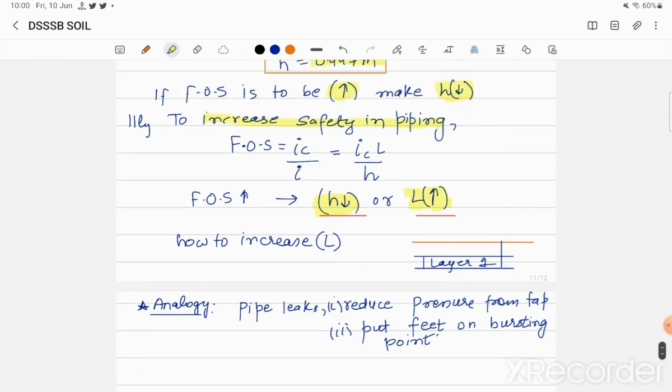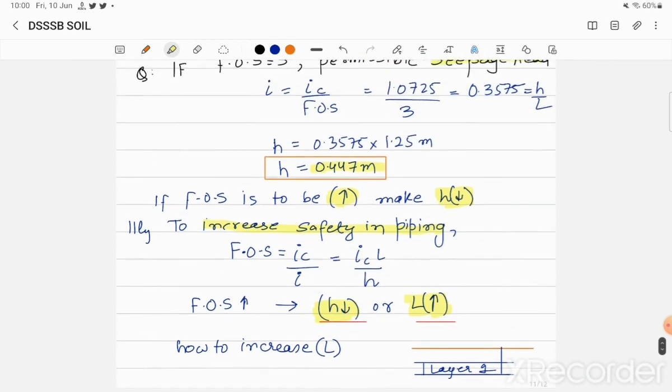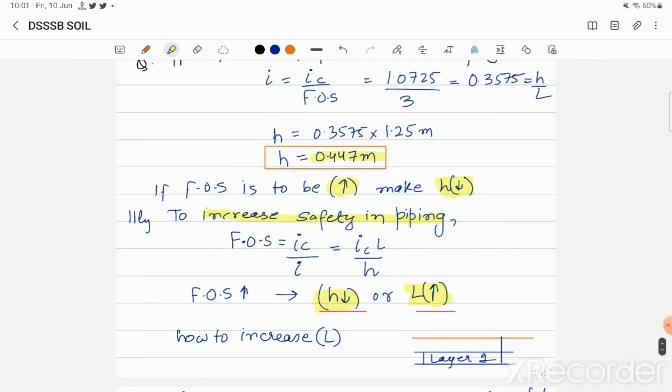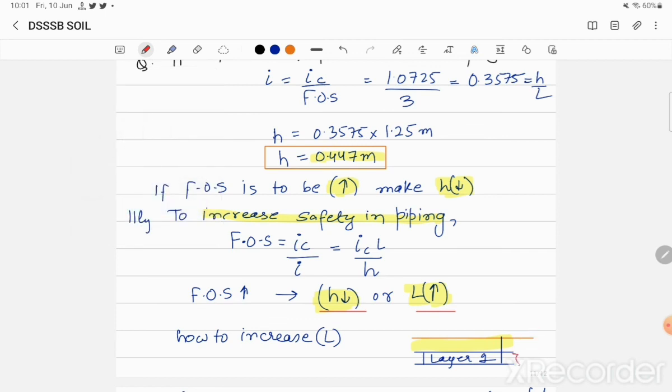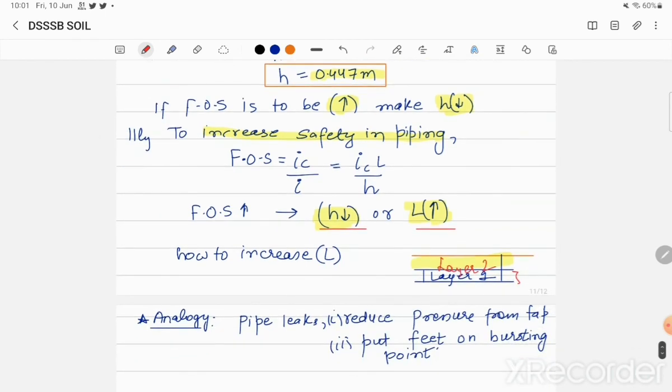So how do we increase L? We put another layer of soil over the already present soil there. So this was layer 1 already present. We provide another layer so as to increase the length of the soil. Hence it will decrease the H, it would decrease the I and increase the factor of safety.